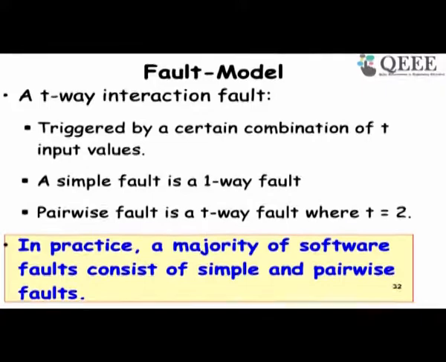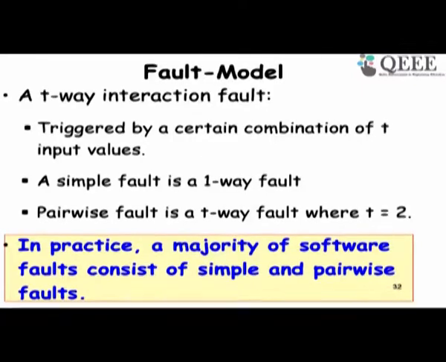A T-way interaction fault, we call a fault that we observe on the output a T-way interaction fault if T of the parameters assume some specific value. So only under those values of the T parameters, the output will be faulty.